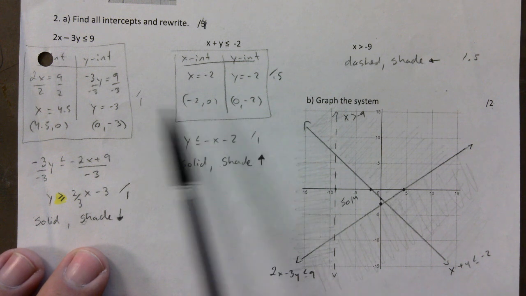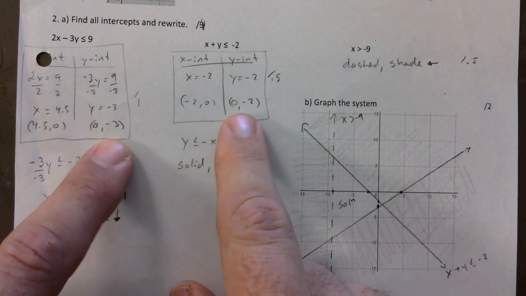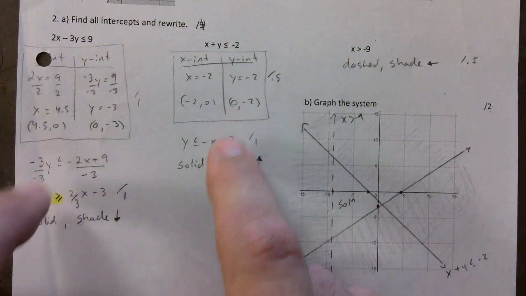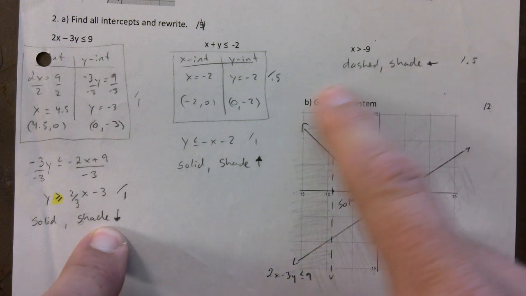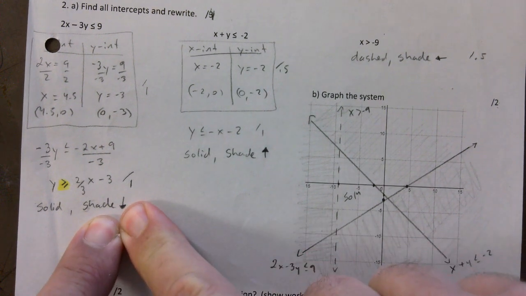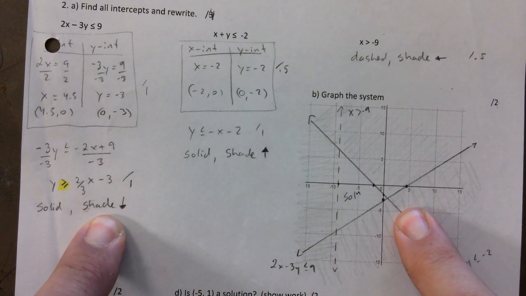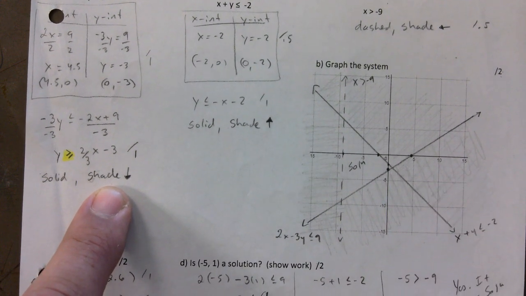So you have your intercept. Okay, listen carefully. I am going to look for the intercepts and then for where you're shading. All of that has to be consistent throughout. You can't tell me that you're shading below here and then on the line you're shading above, right? That's going to be a problem for me. So you've got to be consistent.